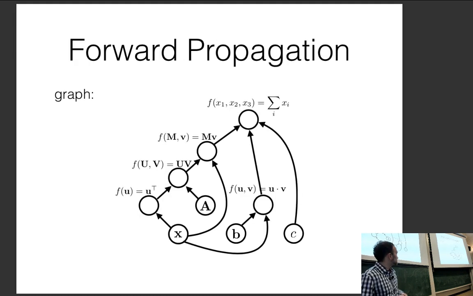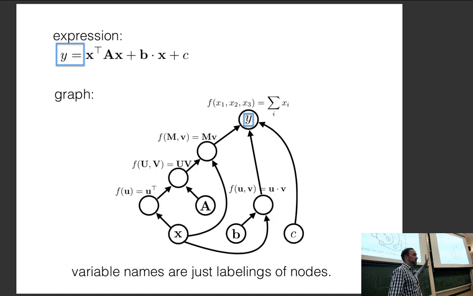So graph construction is basically constructing this graph. The way this normally works is you essentially write this equation in Python. You write this equation, y equals x transpose a x, whatever.